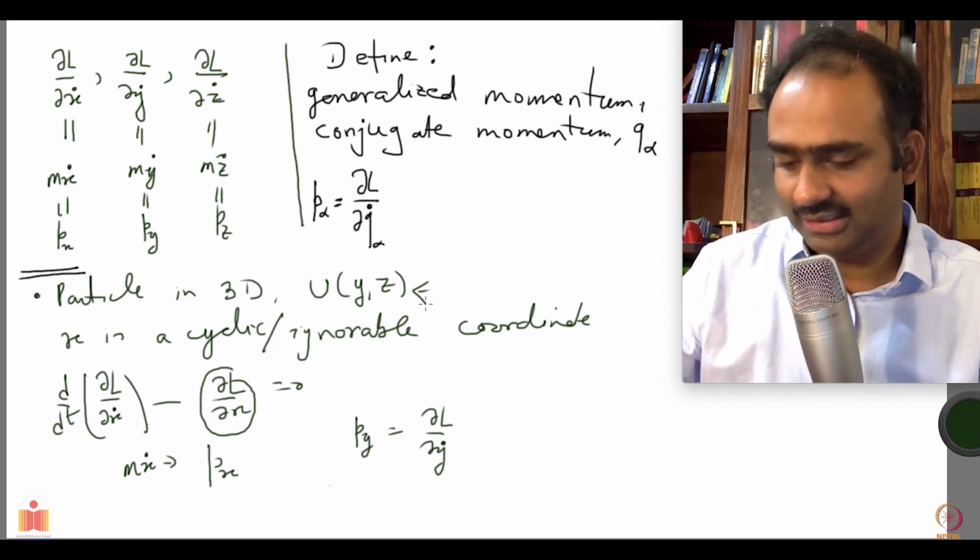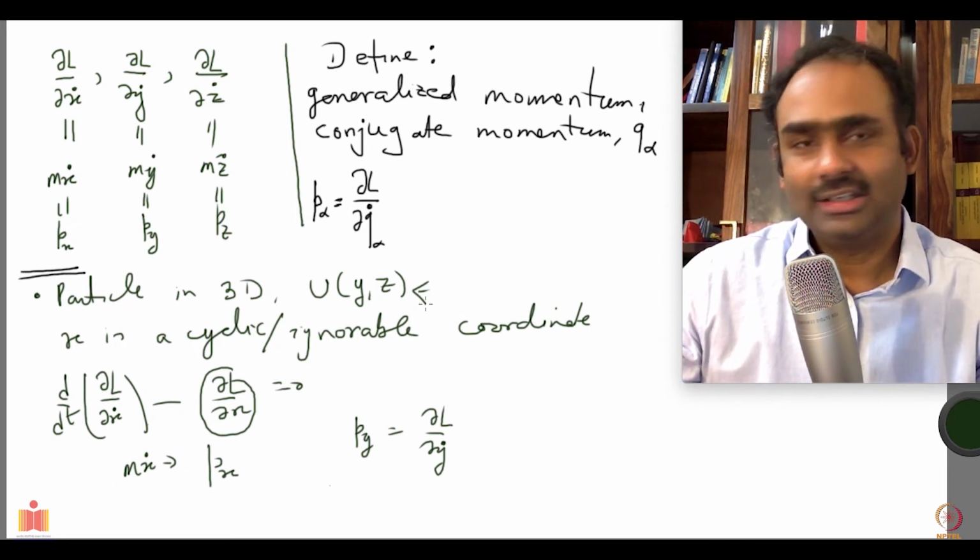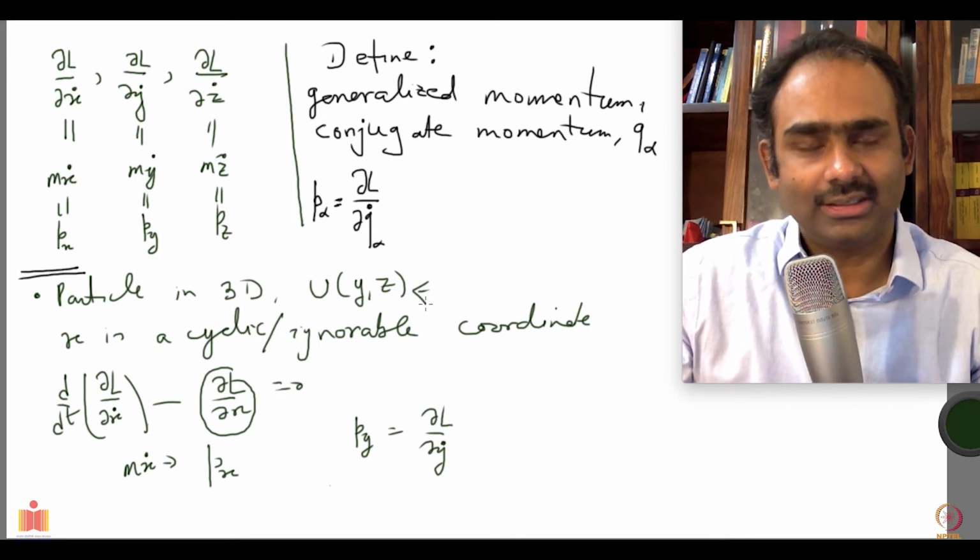Let's see a slightly non-trivial example, only slightly. Till now I've been just using Cartesian coordinates, so let's see an example using generalized coordinates.